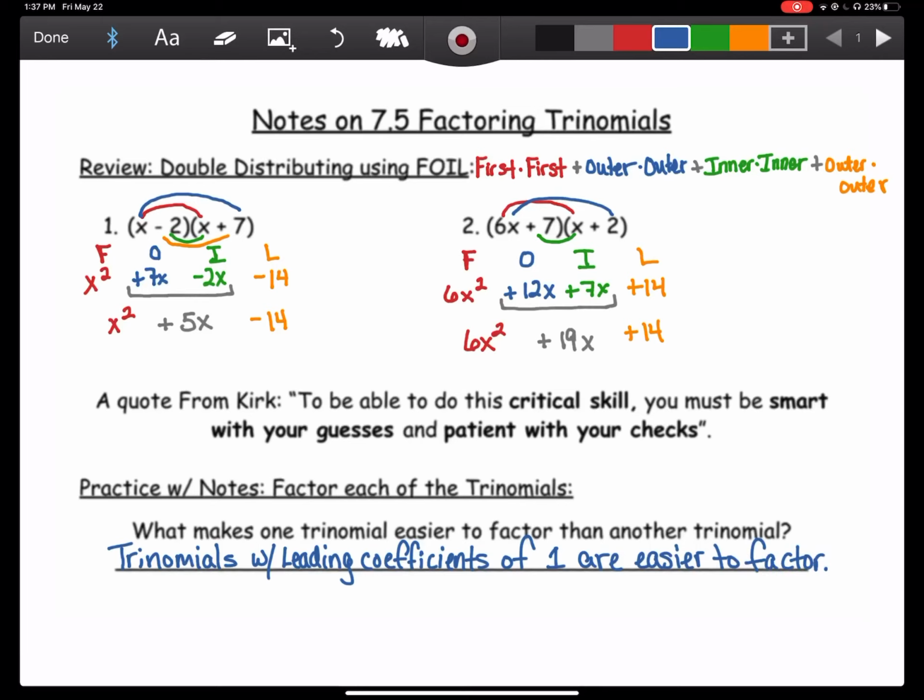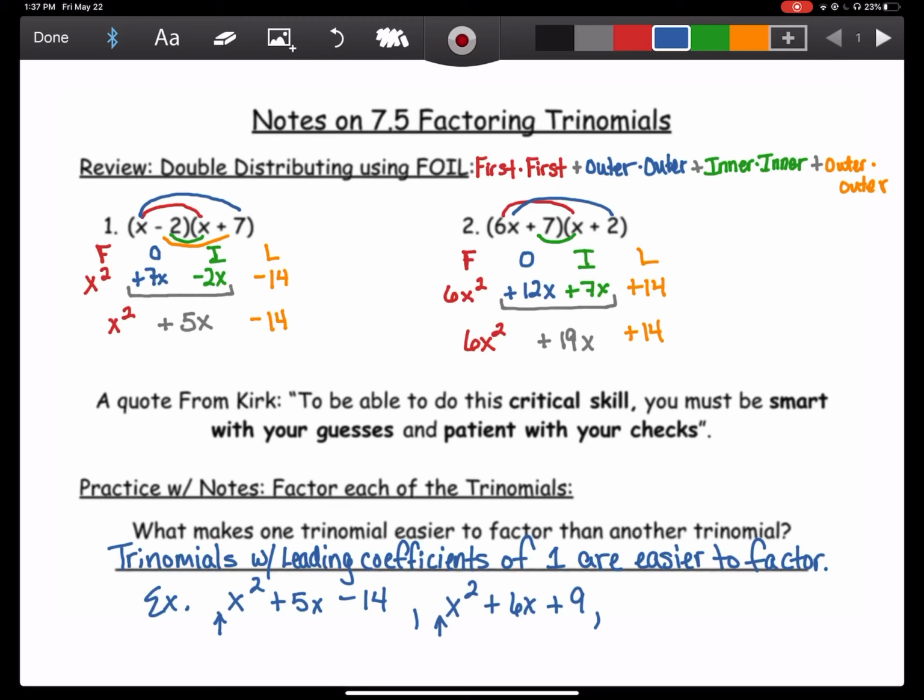The examples of that would be just number 1 from up above. That's x squared plus 5x minus 14. If you look at the leading term, it has an invisible 1 as the coefficient. Another example would be x squared plus 6x plus 9.